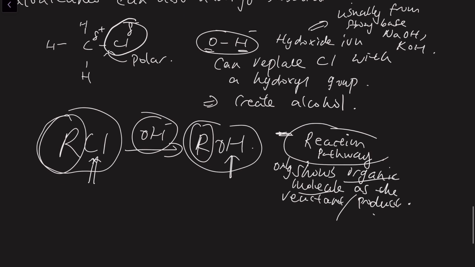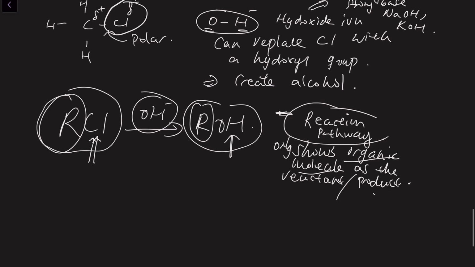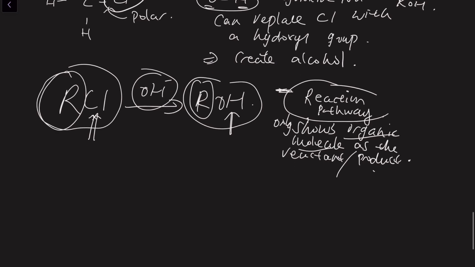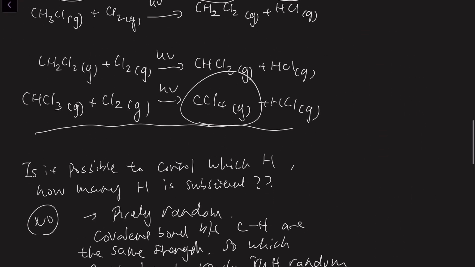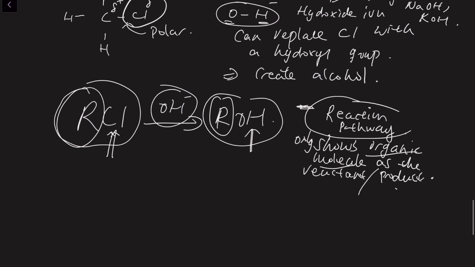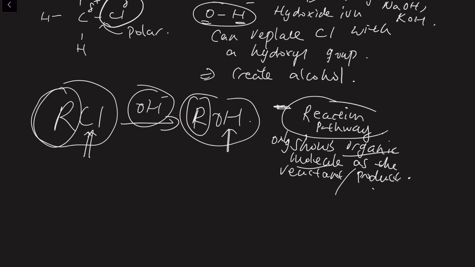But it is not shown as part of the reactant or product, because for a reaction pathway, we only focus on the organic molecules. And note, unlike the chemical reaction formula, here the whole OH ion actually participates in the reaction, so it is not a catalyst. So you should be very careful when reading between those two types of reaction formulas.